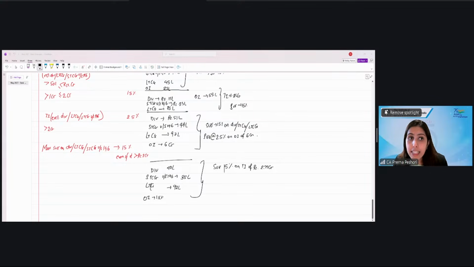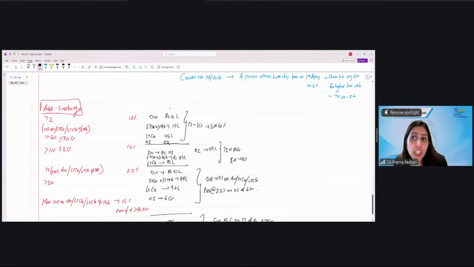Now, understand one thing very carefully, that this surcharge rate is applicable for individual, HUF, AOP, BOI, but excluding the AOP which has only companies as members. If the AOP has only companies as members, then this surcharge will not be applied.